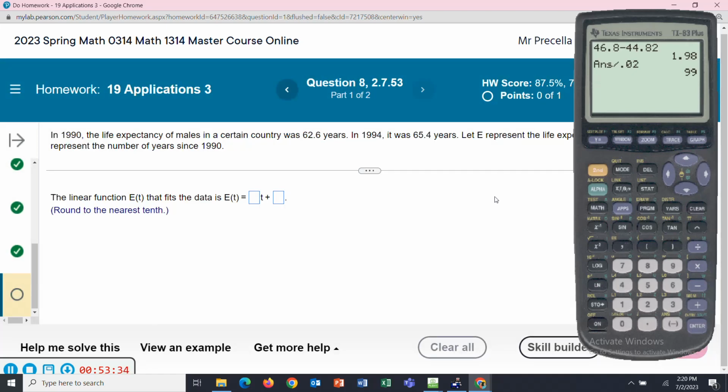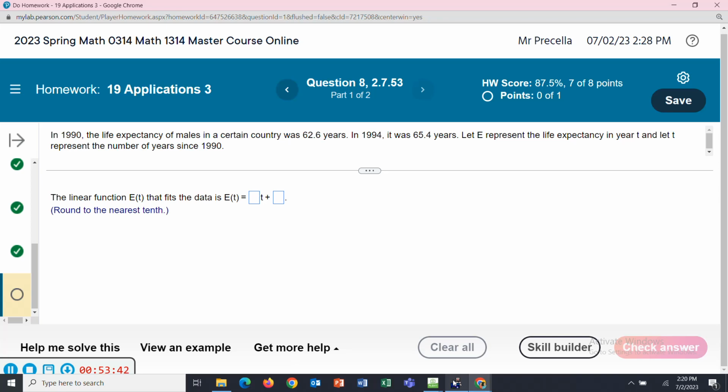Okay. Now, problem 8. In 1990, the life expectancy for a certain country was 62.6 years. In 1994, it was 65.4. Let E represent the life expectancy in year T, and let T represent the number of years since 1990.